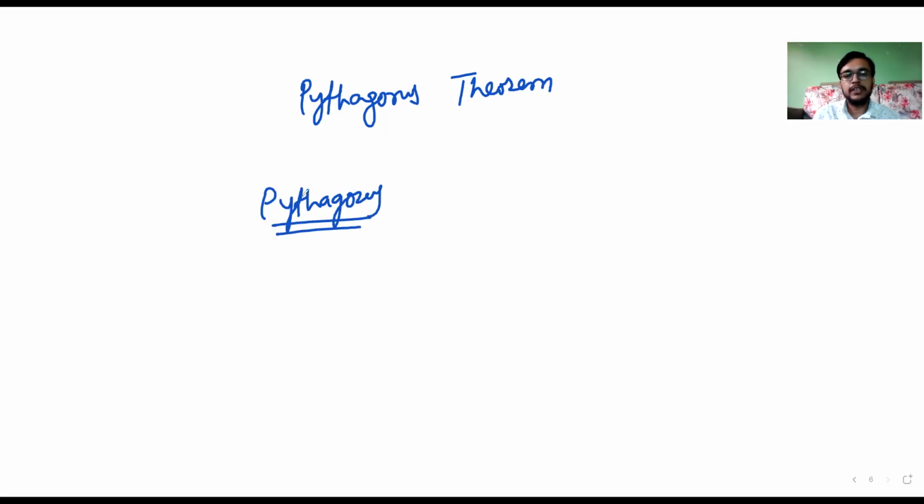Based on his name, the theorem is called Pythagoras. He gave a very important contribution to mathematics, and the Pythagoras theorem is a very important theorem in mathematics. Now, what is the Pythagoras theorem?